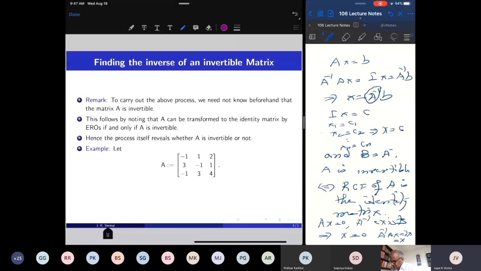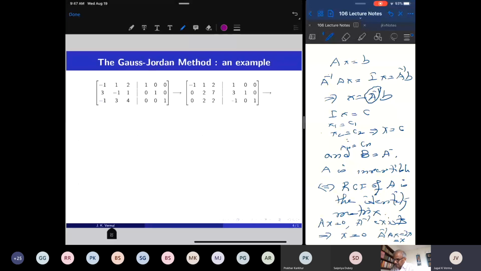This is a 3 by 6 matrix. We will try to convert this into row canonical form, which may or may not be identity, and then this identity matrix is transformed into the matrix C, and that is likely to be the inverse if A is invertible. So we have gone through this process.